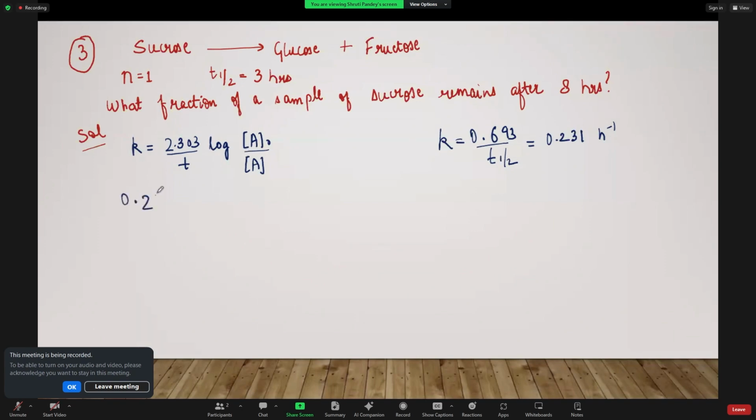K will be 0.231 hour inverse, which equals 2.303 divided by time, which is 8 hours, log of A naught by A. So when you calculate this, you will get A naught by A will be anti-log, because it is inside log.